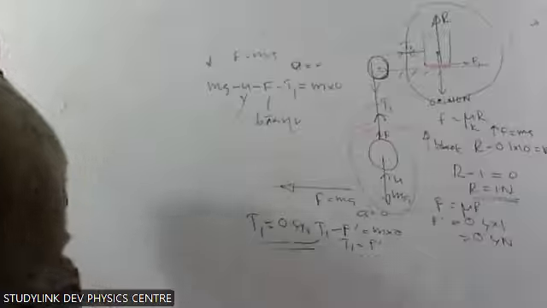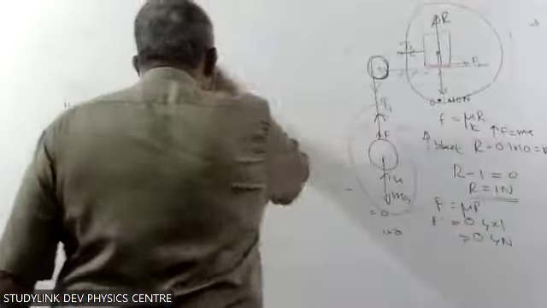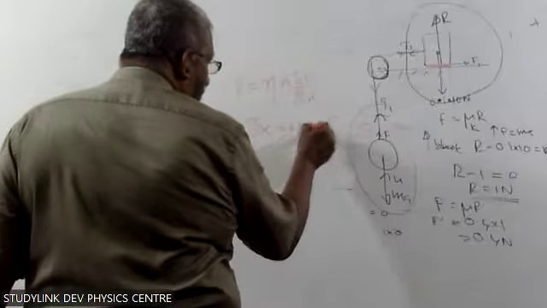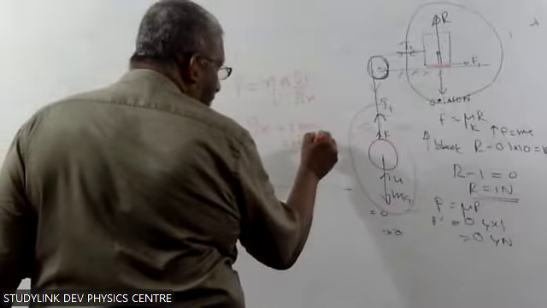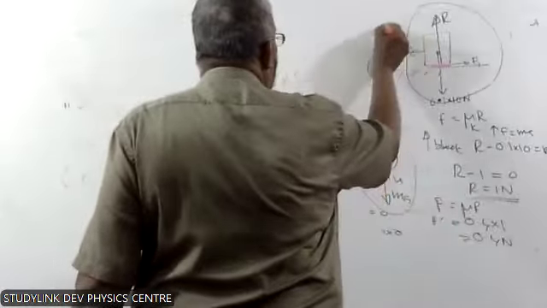The Newtonian equation is F is equal to eta A delta V over delta X. Now delta X is given as 1 millimeter, so that means 1 into 10 to the power minus 3 meters. Delta V. If the new terminal velocity is V dash, here also it's moving with V dash.